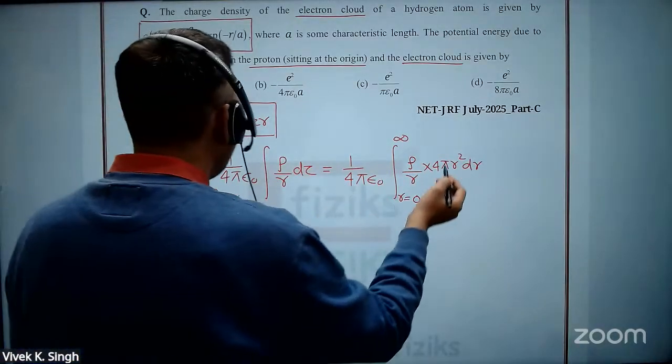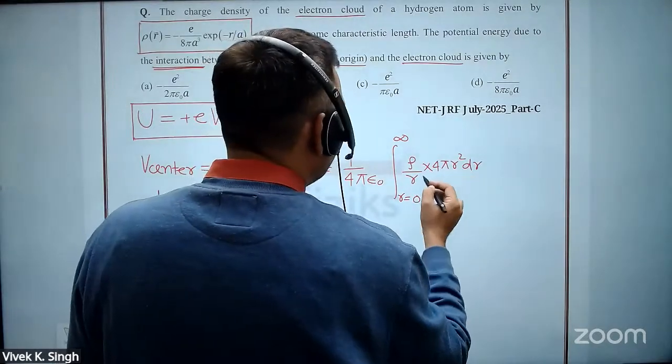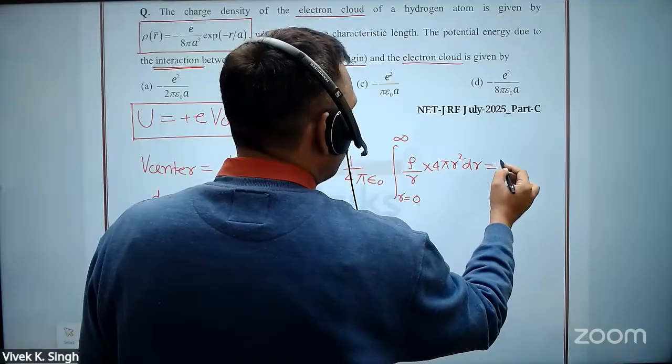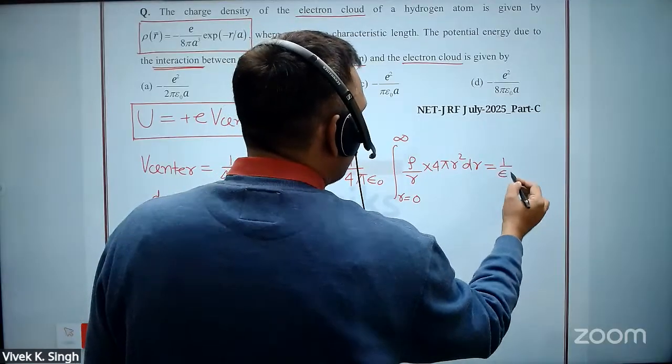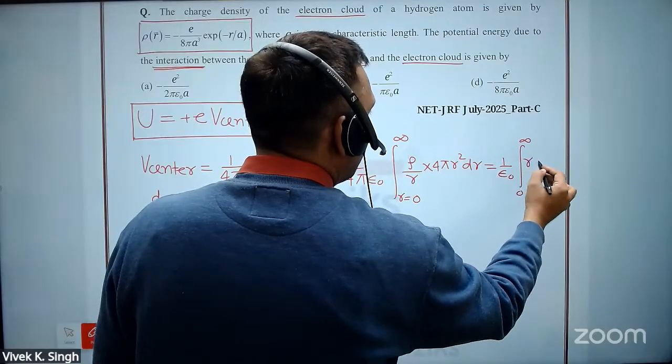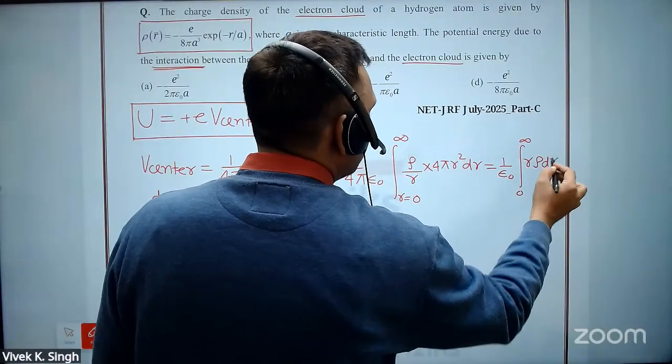So that will give you the potential at the center. So 4 pi will cancel out, and you will get 1 by epsilon naught, integral 0 to infinity r rho dr. Let's find this value.